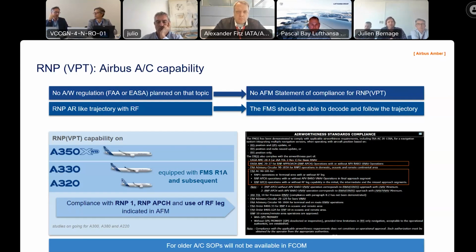And in terms of compliance, there is no RNP VPT, but we can find compliance regarding RNP 1, regarding RNP approach, and the use of the RF flag in the AFM. For the moment, we focused our effort on A350, A320, and A330. And in a second phase, we will also work on A220, A380, and even on A300.